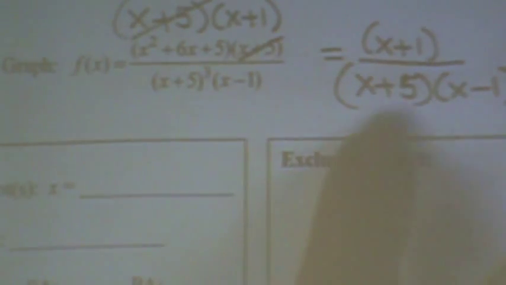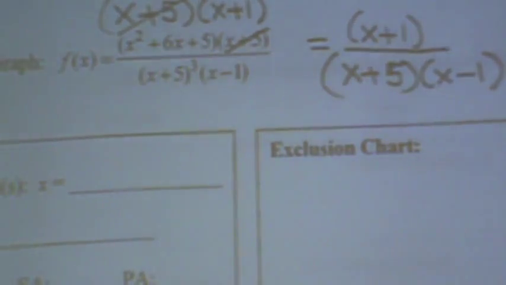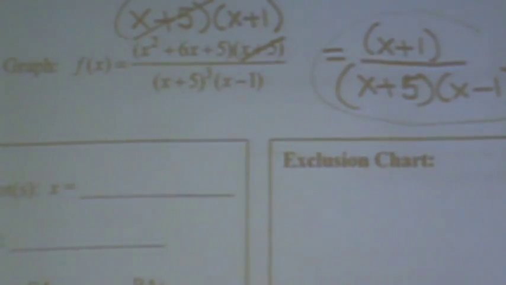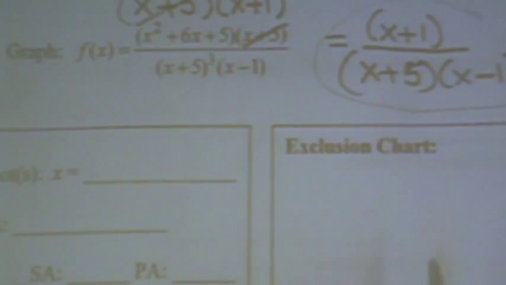So again, if I would have lost this, you would have had a hole at negative 5. You would have plugged negative 5 into what's remaining, and that would have been a hole. You put an open circle at that ordered pair. So now we are actually doing this problem, not that one. For a minute, it looked like we were doing that, but we're only doing this.